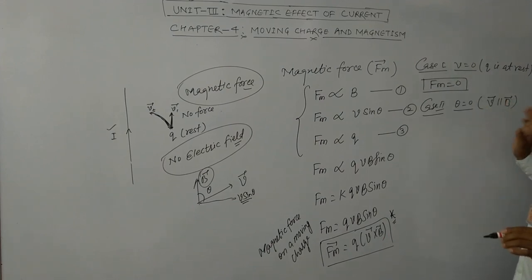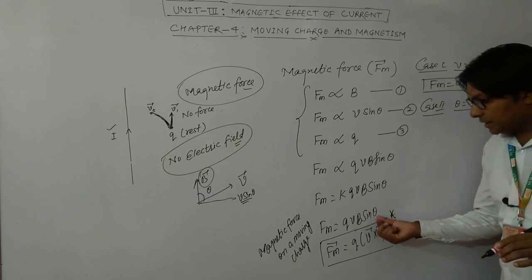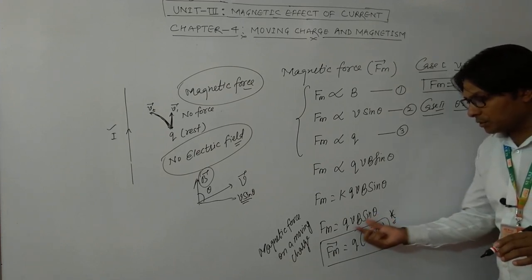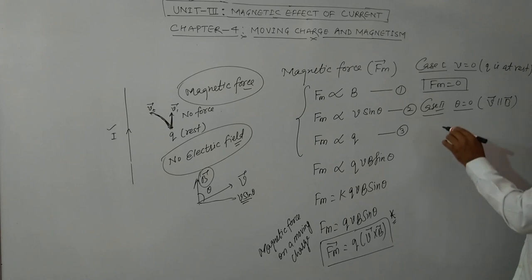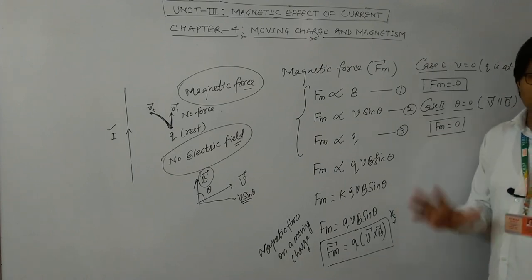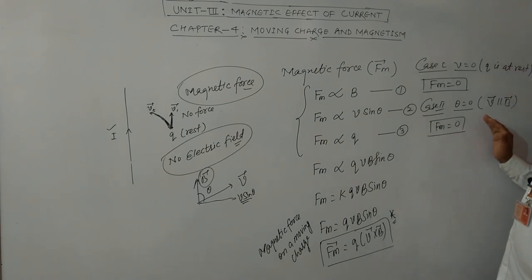So we can write that if theta is equal to 0, sin theta becomes 0, and force also becomes 0. So in this situation also there will be no force on the moving charge. Although the charge is moving, it is moving in the same direction in which the magnetic field is acting, therefore there will be no force on the moving charge.